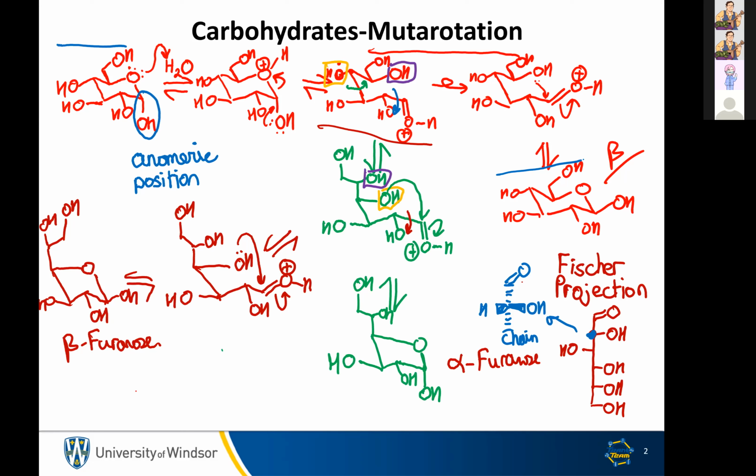It's a more general term than anomer because it can be used for any molecule, saying they're the same molecule except at C1 the stereochemistry is different. So that's the term epimer. So alpha, beta are epimers.